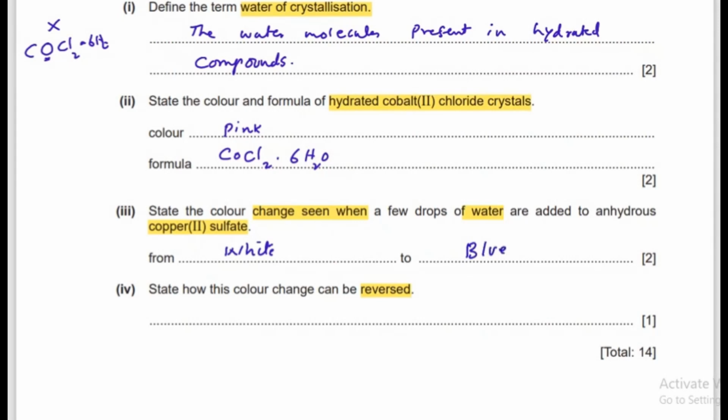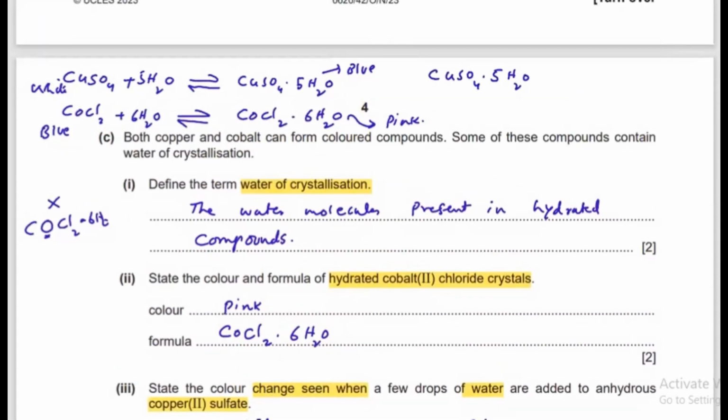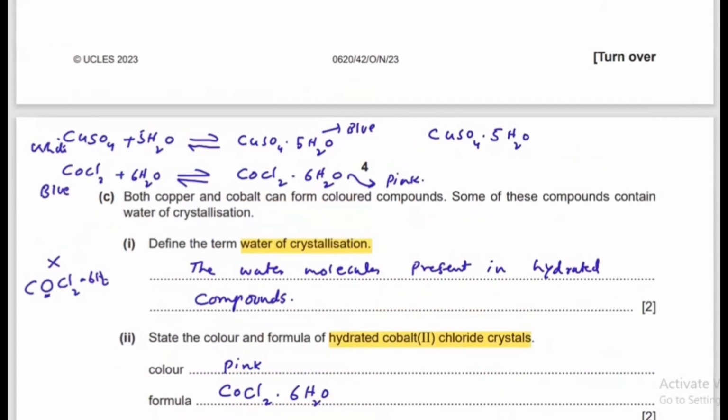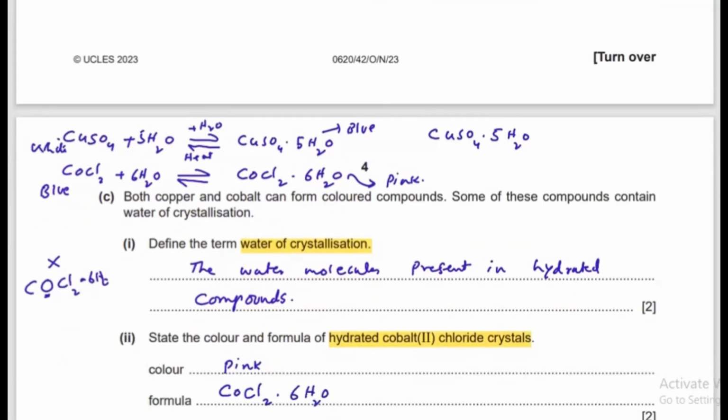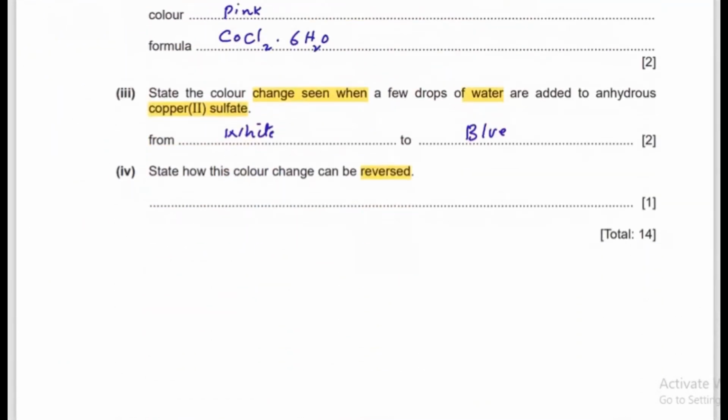State how this color change can be reversed. As you can see, this is the equation. If anhydrous copper 2 sulfate is to be converted into hydrated, we can add water, and hydrated copper 2 sulfate can be converted into anhydrous by heating, because by heating we can separate the water of crystallization, the forces of attraction between copper sulfate and the water molecules can be overcome.